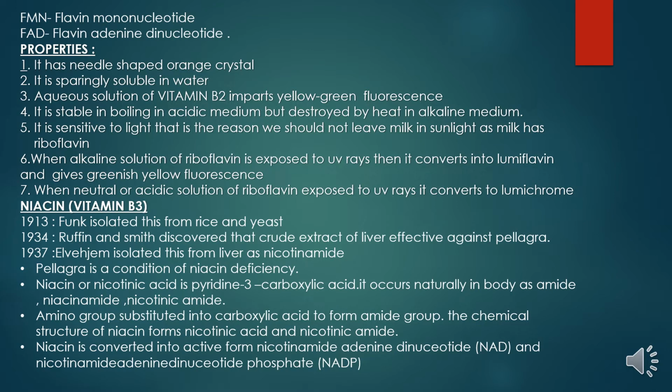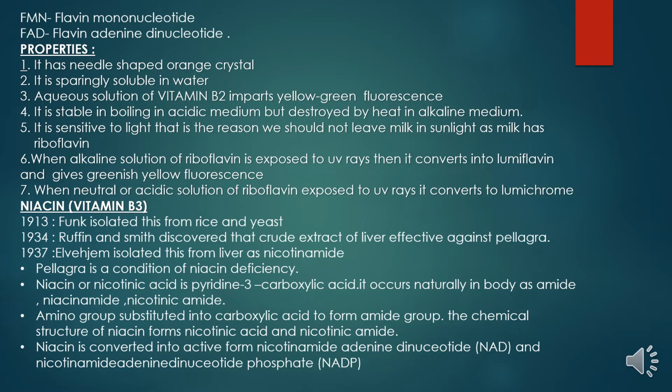Niacin or nicotinic acid is pyridine 3 carboxylic acid. It occurs naturally in the body as an amide, niacinamide, nicotinic amide. An amino group is substituted into the carboxylic acid to form the amide group. The chemical structure of niacin forms nicotinic acid and nicotinic amide.